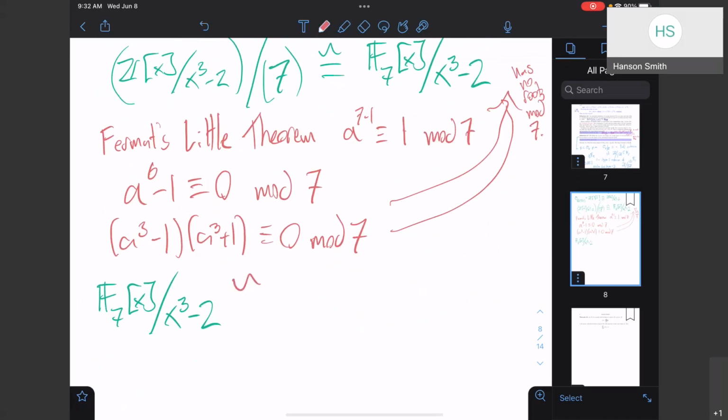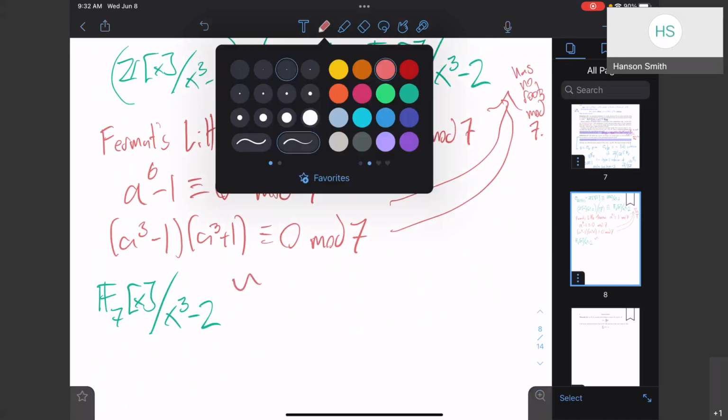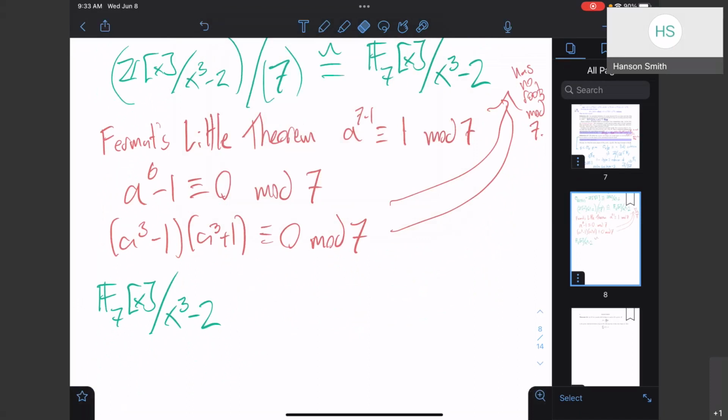So by what we know about finite fields, this is going to be F7 cubed. And of course, I have no clue what 7 cubed is, so we're just going to leave it at 7 cubed. And it's actually nicer to leave it like this because we can just see that the residue class degree in this case is 3. So residue class degree 3.